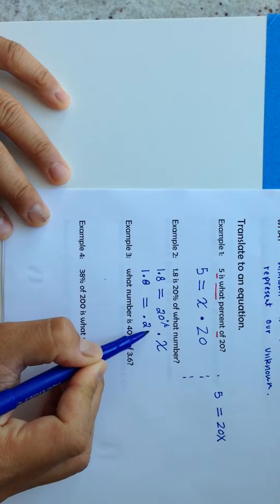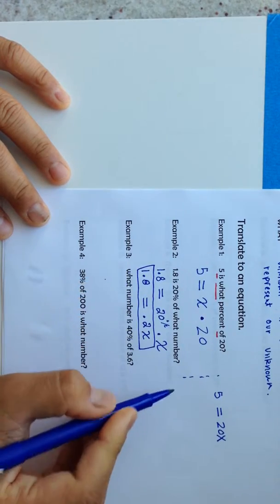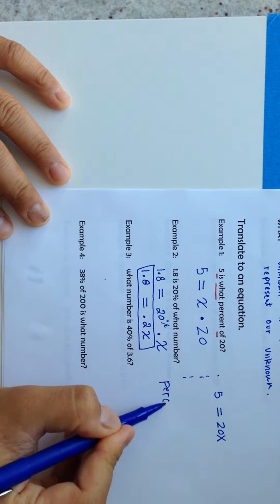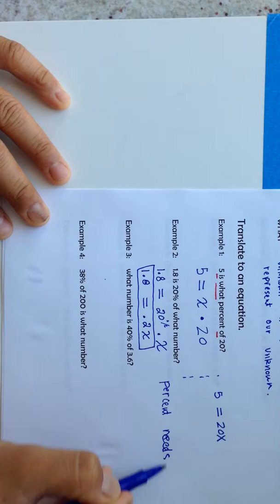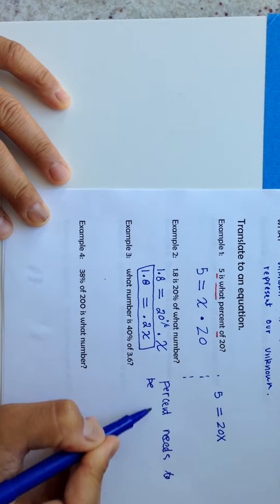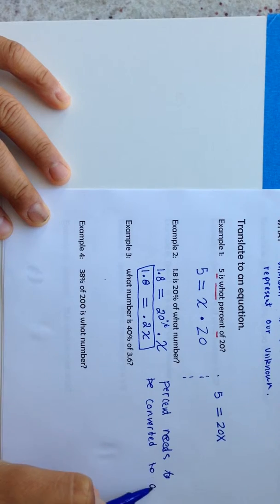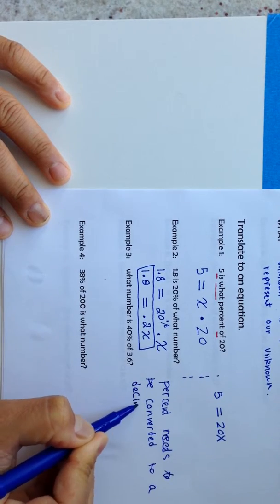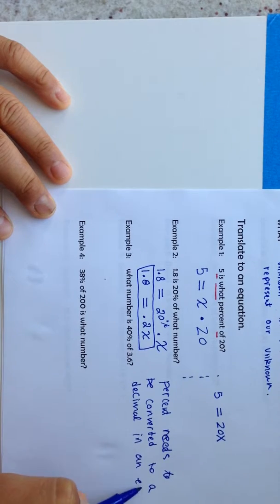So here we got 0.2x, and we're done. So percent needs to be converted to a decimal in an equation.